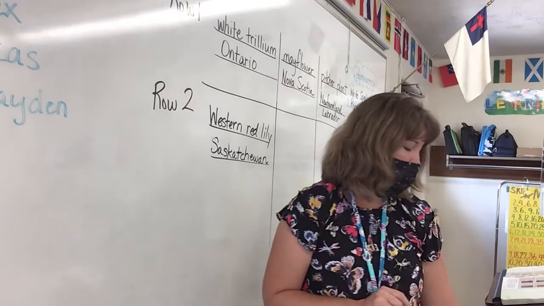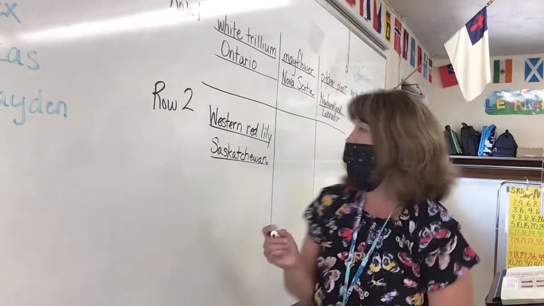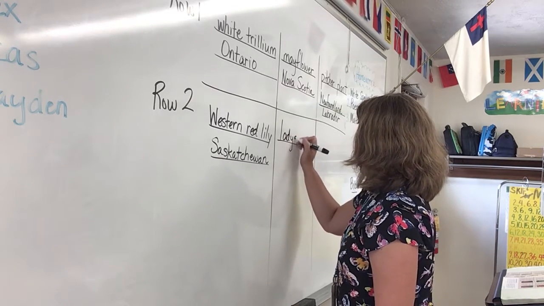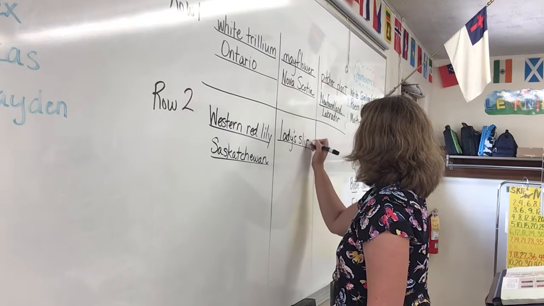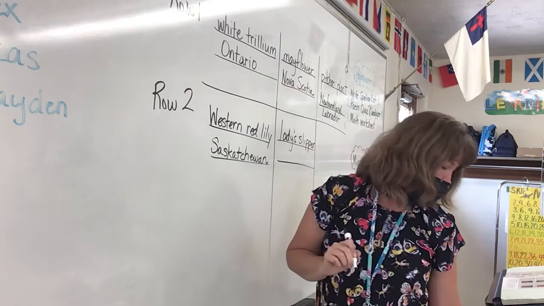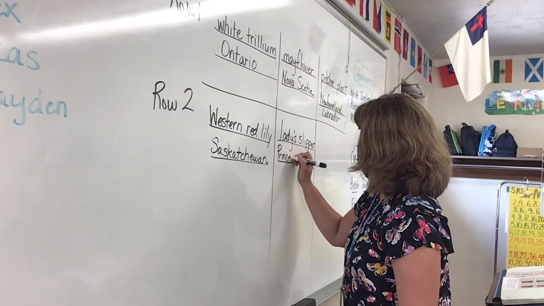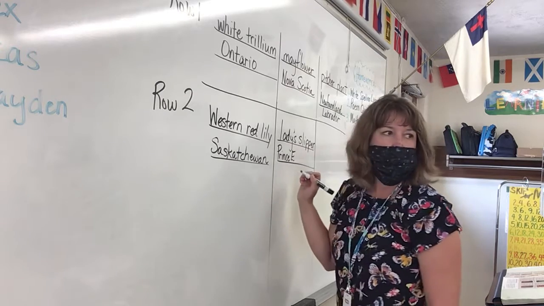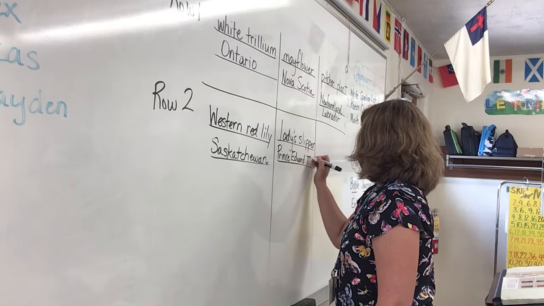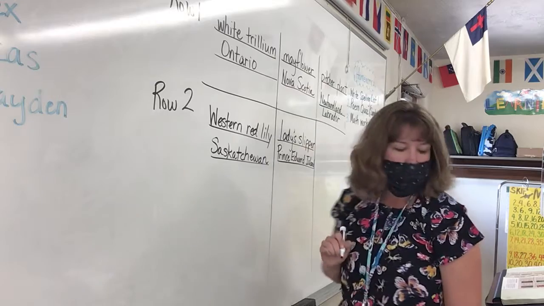The lady's slipper. So it kind of almost reminds you of a slipper that a lady would wear. Lady's slipper. And that is Prince Edward Island. How many of you have ever heard of Anne of Green Gables? That took place on Prince Edward Island. That's a long one.